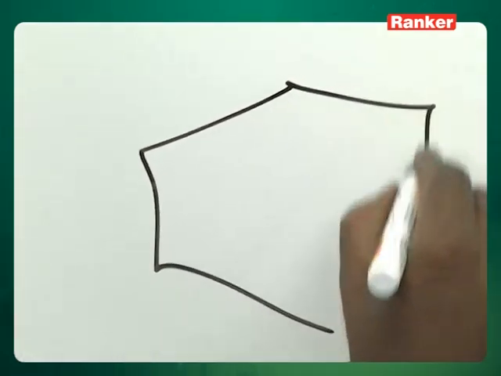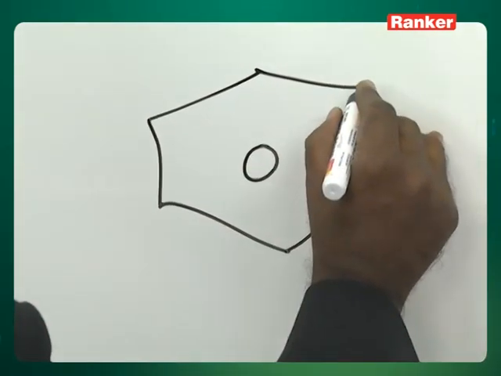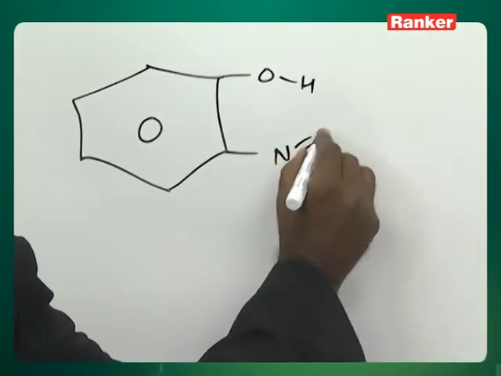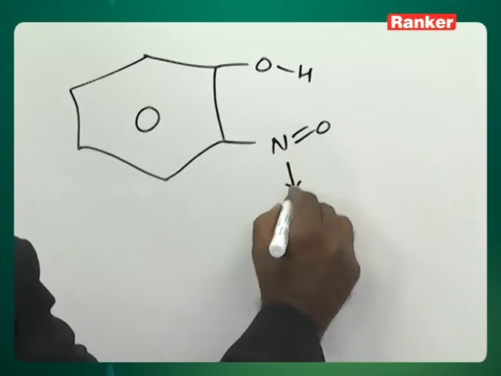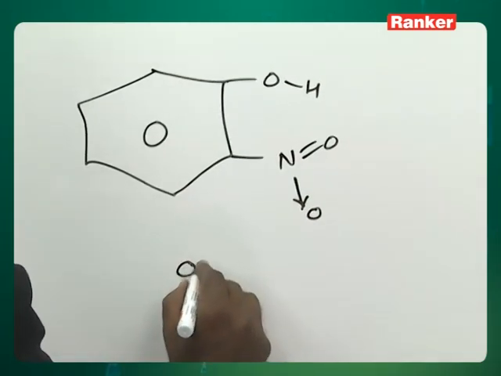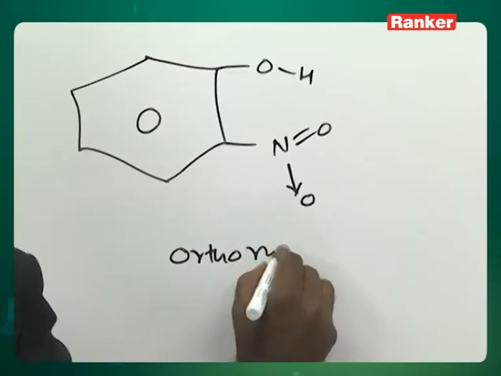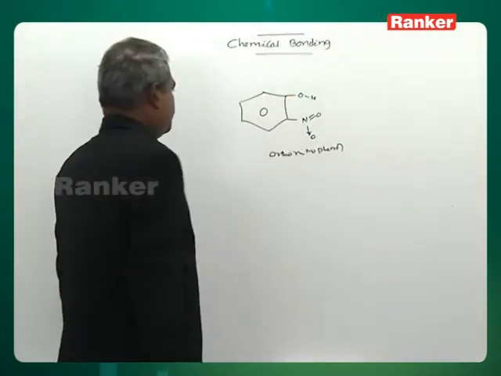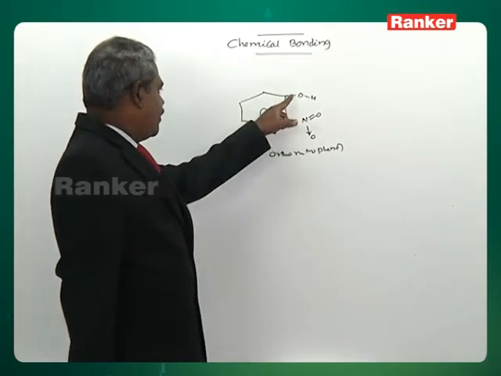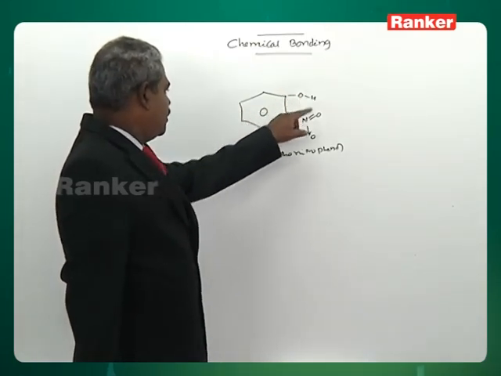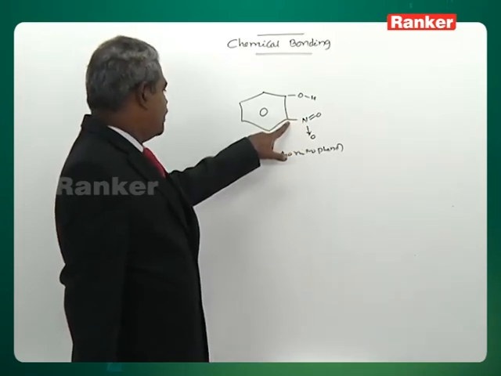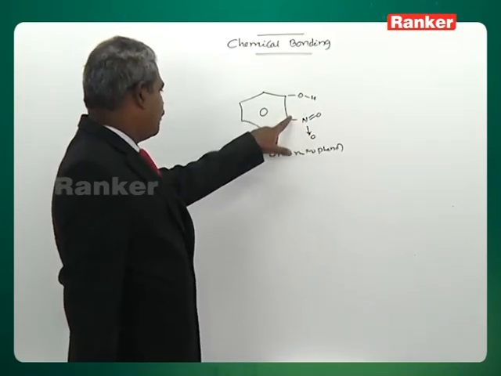Between orthonitrophenol, this is called orthonitrophenol. This is benzene. If you have an OH on benzene, it is called phenol, and you have NO2 next to OH, it is called orthonitrophenol.